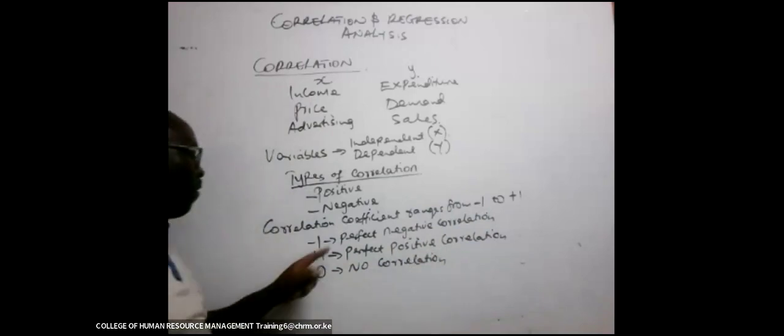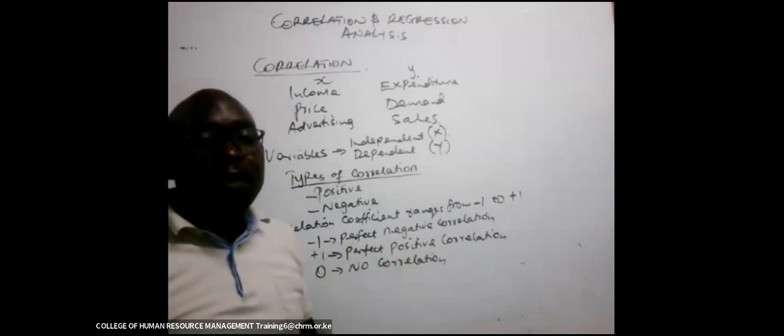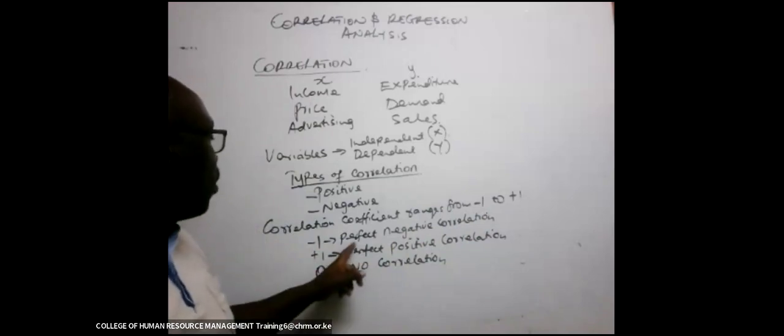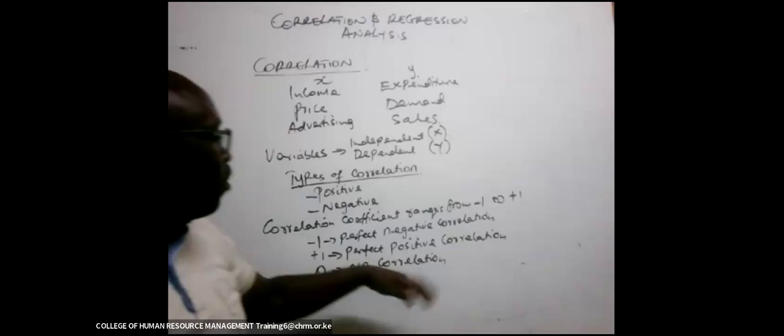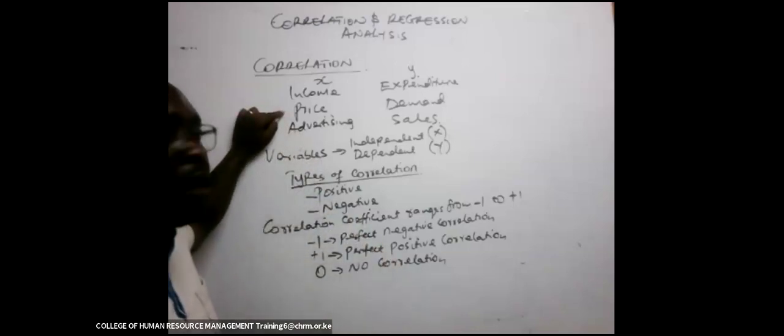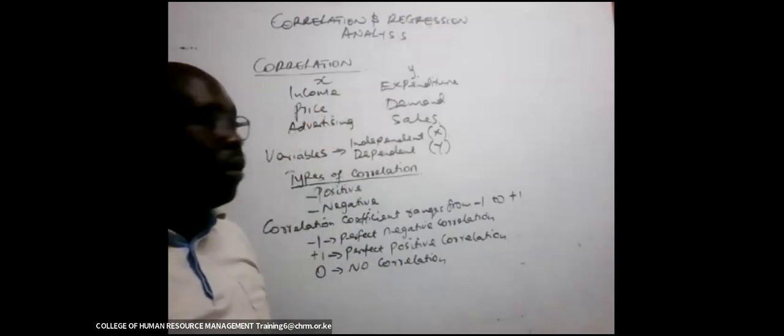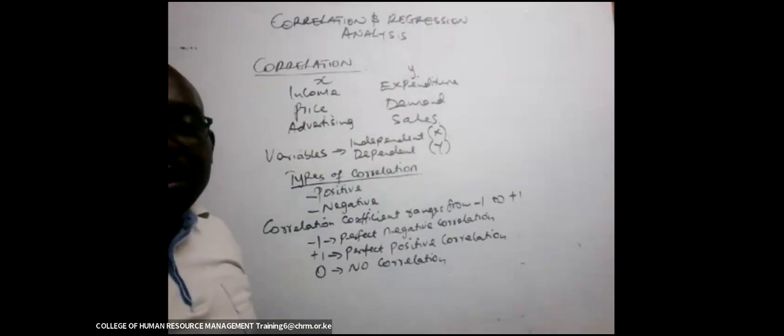If I can explain this, when they are perfect positive and perfect negative, it simply means that they change at the same magnitude. For example, a perfect negative correlation simply means that if you reduce the price by half, the demand will increase by half. That is perfect.